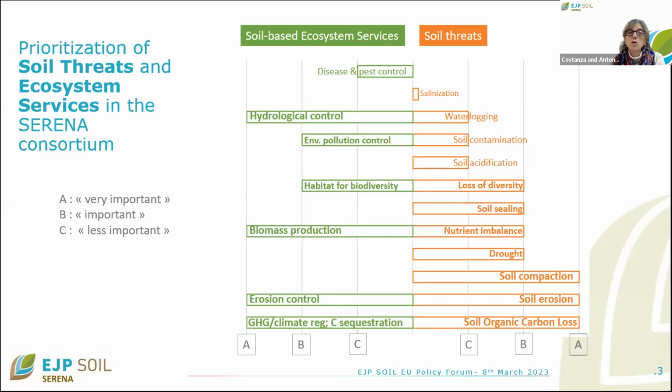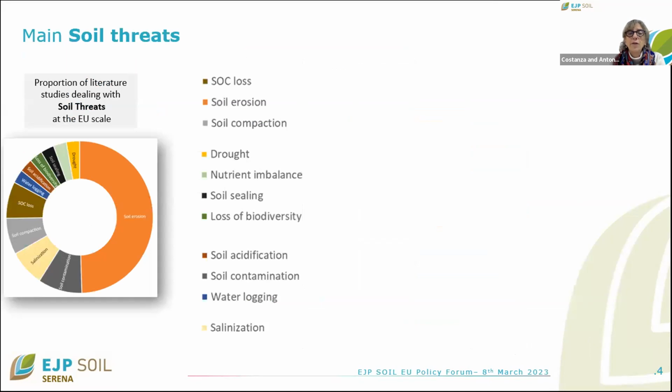Still at the general consortium level, if we go further and look at what happens at the single member states, these are the threats that have been addressed in Serena. On this graph, you see the distribution of the studies, the literature that was examined during Serena, how many studies on which threat, and you see that soil erosion takes half of the literature.